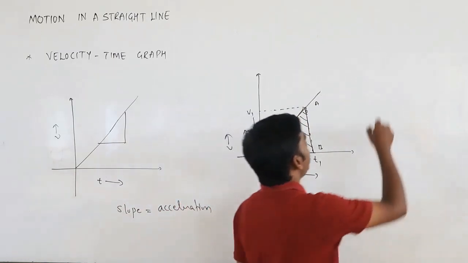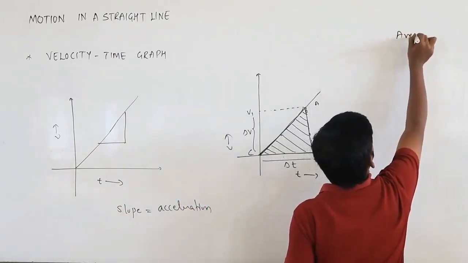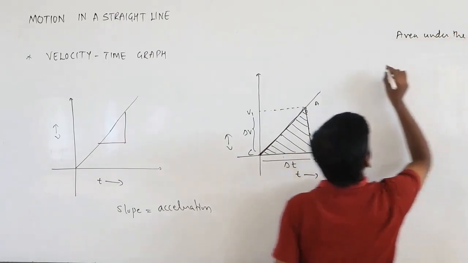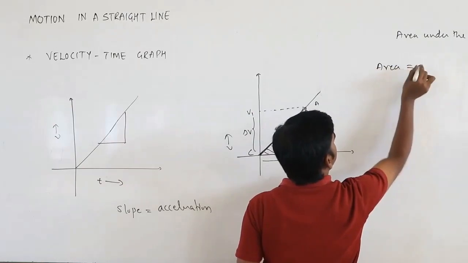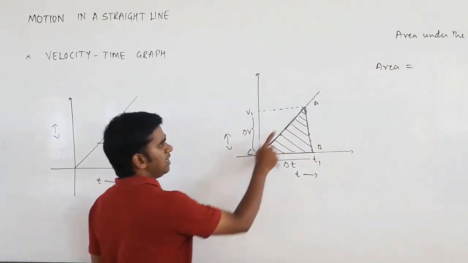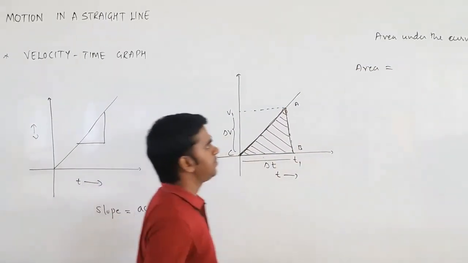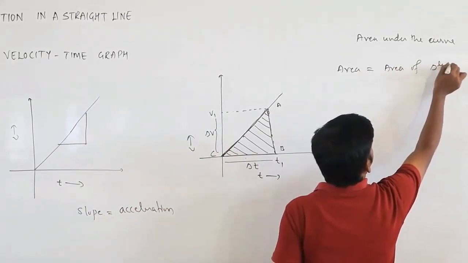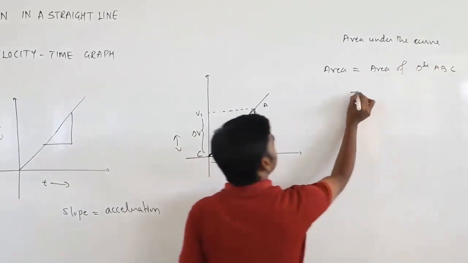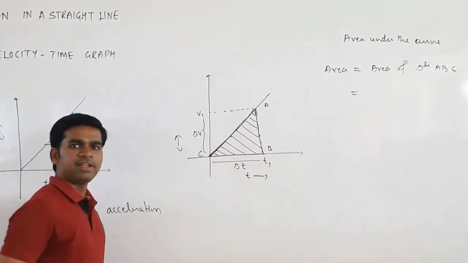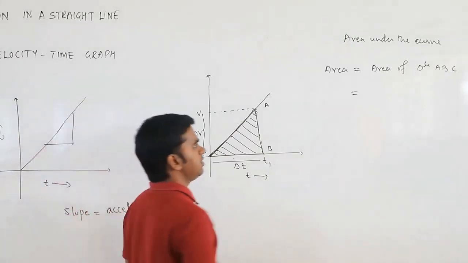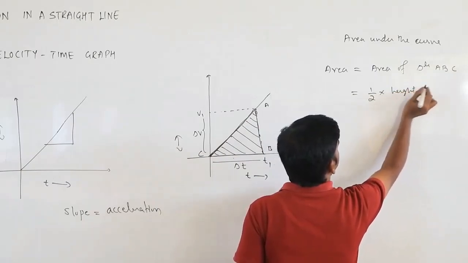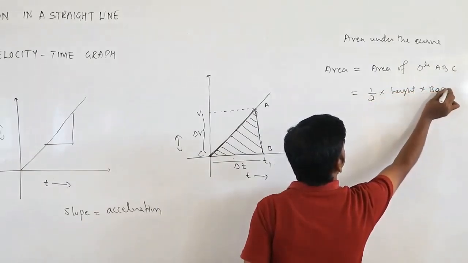So if I calculate the area under the curve, the area is the area of triangle ABC. What is the area of a triangle? Area of a triangle is half into base into height. So half into height into base.